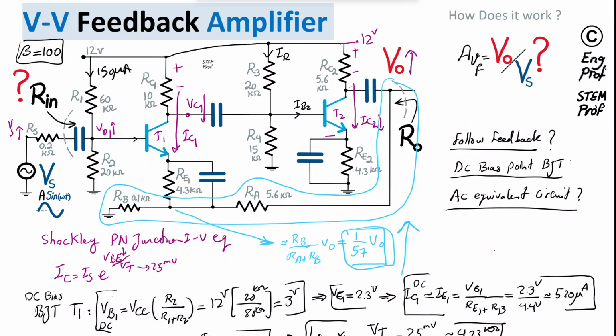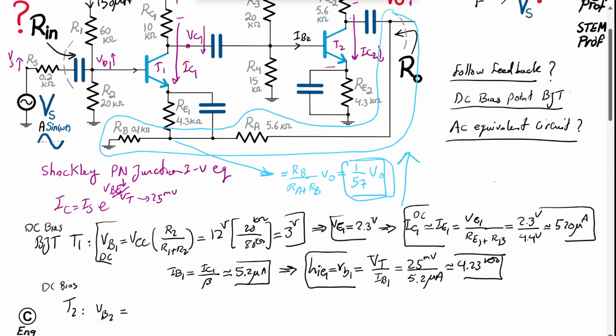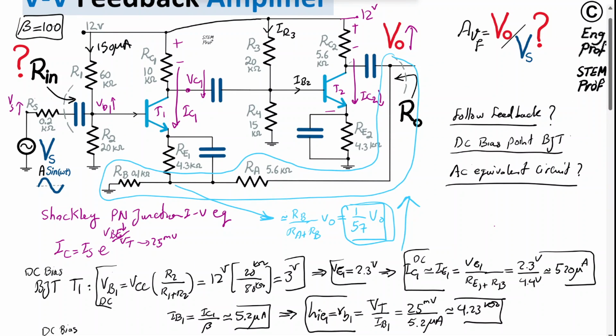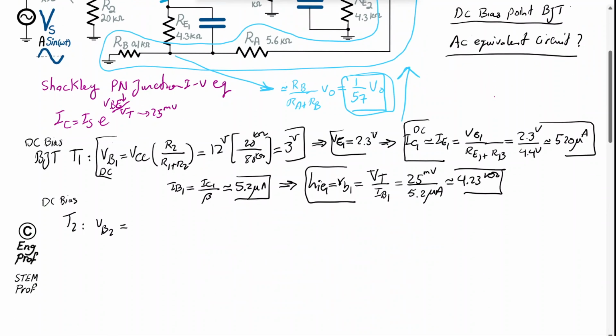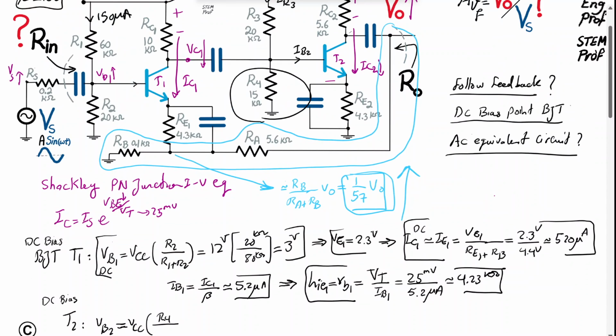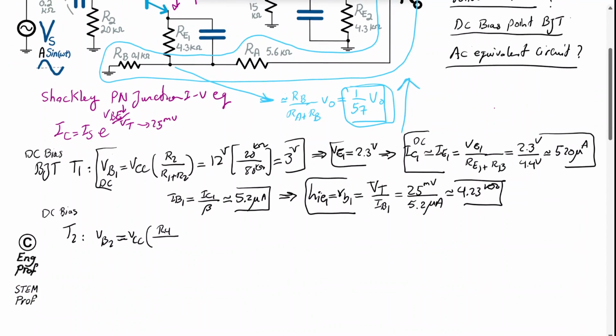So R3 and R4 are effectively in series, and I can simply find the voltage of the base of transistor 2 by voltage division between these two resistors. So it will be, again, same idea, VCC, the supply voltage, times R4 divided by R3 plus R4.